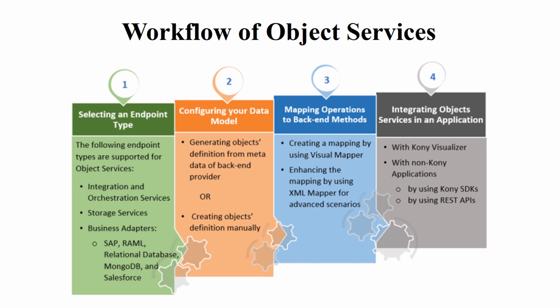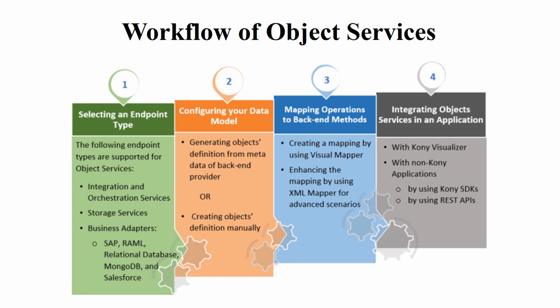So I repeat this workflow again. First, selecting an endpoint type is necessary. So what type of integration, what type of services, what are the business adapters, that should be defined. Second one is configuring the data model. It is again very important.